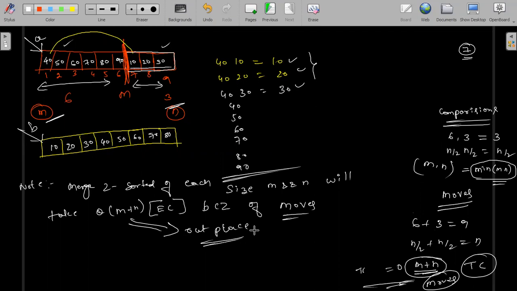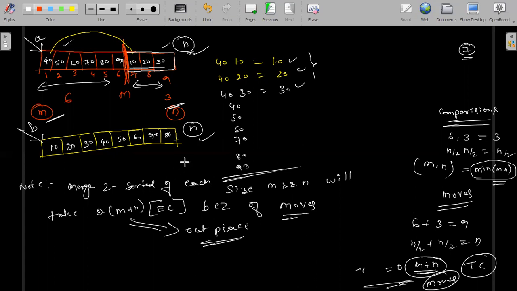Whatever we have discussed will take n extra space. There is one more reason I will tell you. See here, for comparison also it is taking n space, and here also it is taking n space, one more array, and this is also one more array.